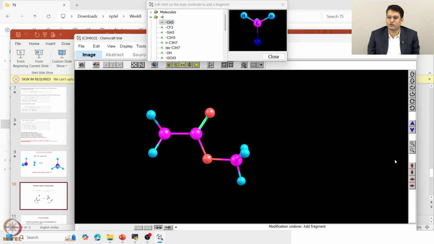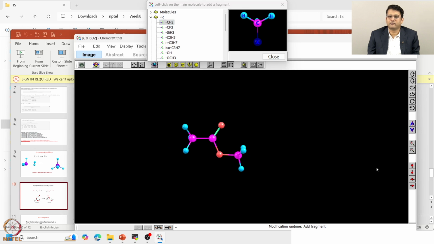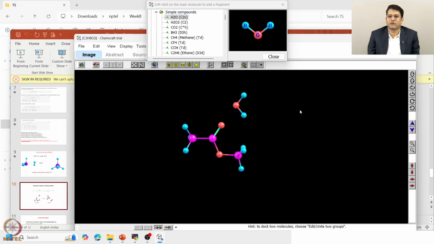Remember, now I need to add water. So I'll get simple compounds, I can get water. I can put the oxygen here. Maybe I should drag the water molecule a little bit closer to this one.